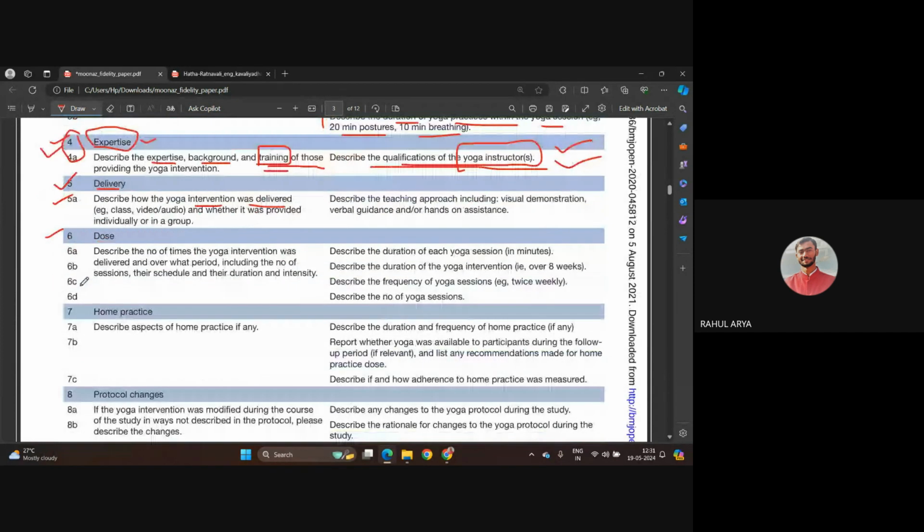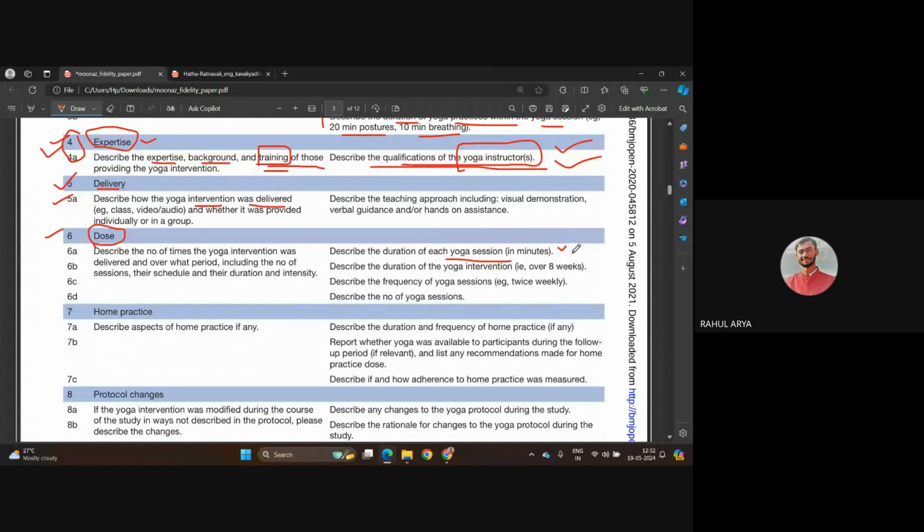Next practice, point number 6, is the dose. Dose we generally understand with medicine, but here dose means intervention. It means the duration of each session. Was it a 30-minute session, 40 minutes, 1 hour, 2 hours, how long per session it was.